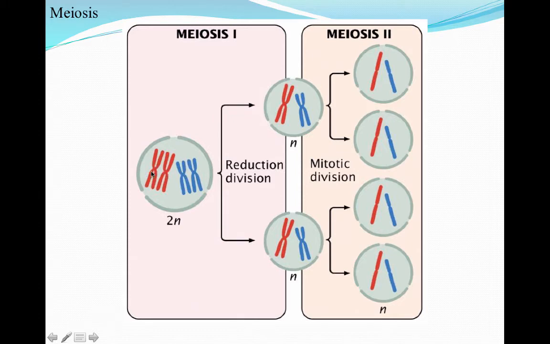So we have two copies of chromosome 1 and two copies of chromosome 2. The result of meiosis 1 is where we reduce these 2N structures to a 1N structure. So we're only left with one copy of chromosome 1 and one copy of chromosome 2, just in two separate cells.